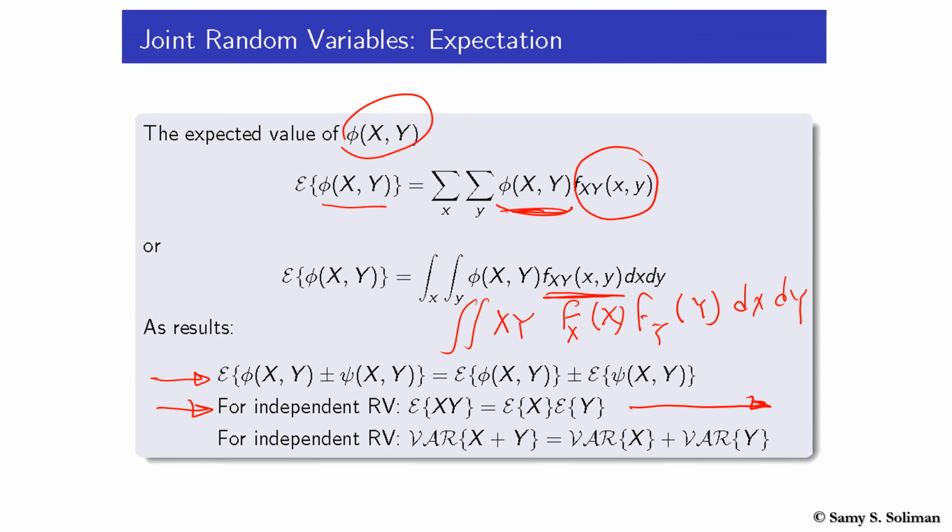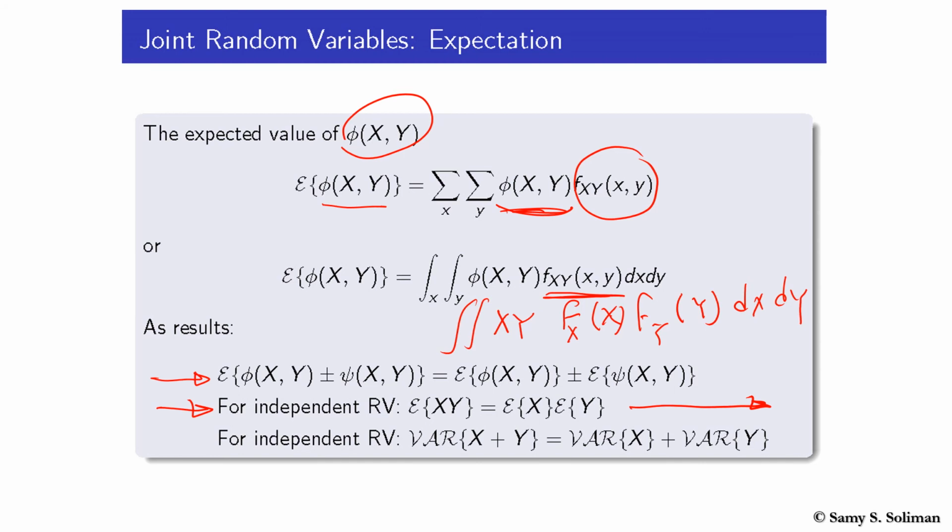We have to note here that this relation is not a sufficient relation for independence. If we know that the random variables are independent, then this relation is valid, it follows. However, the reverse is not necessarily true.